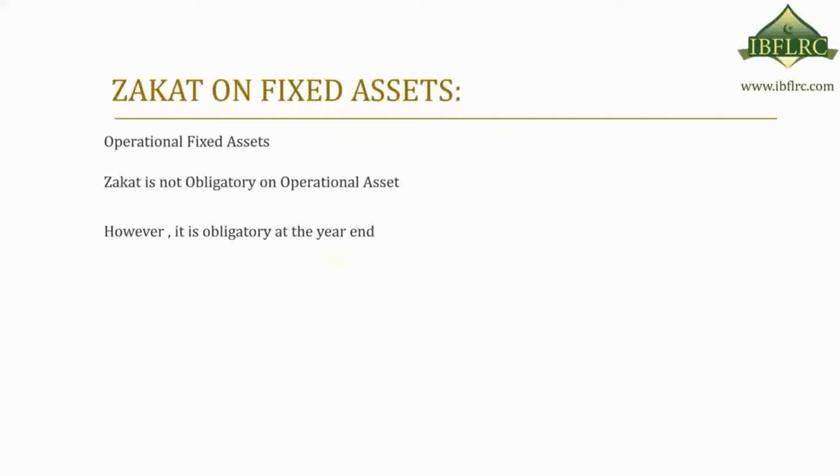However, Zakat is obligatory at the end of the year on the unexpended portion of the rental income generated by these assets. Non-current liabilities include the debt arising from the purchase of non-zakatable fixed assets. Therefore, they should not be deducted from the Zakat base.